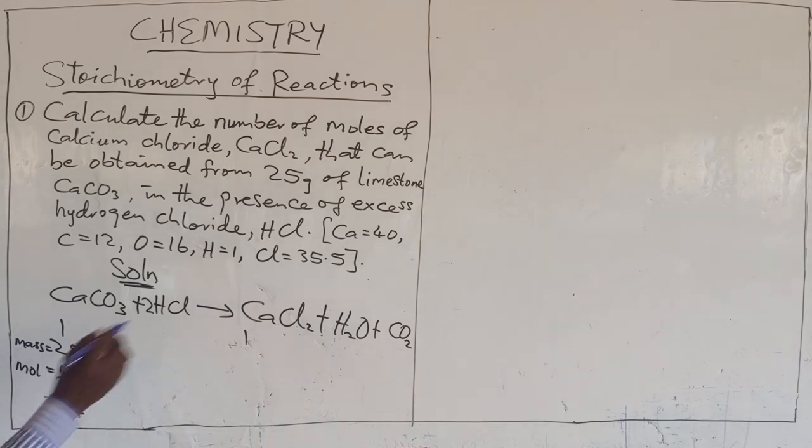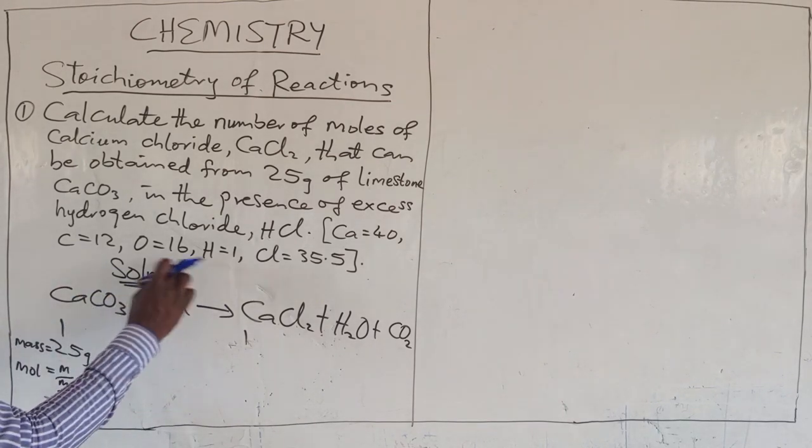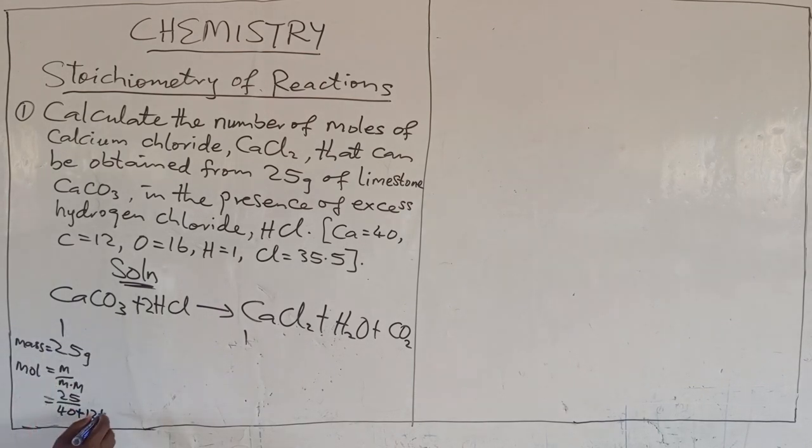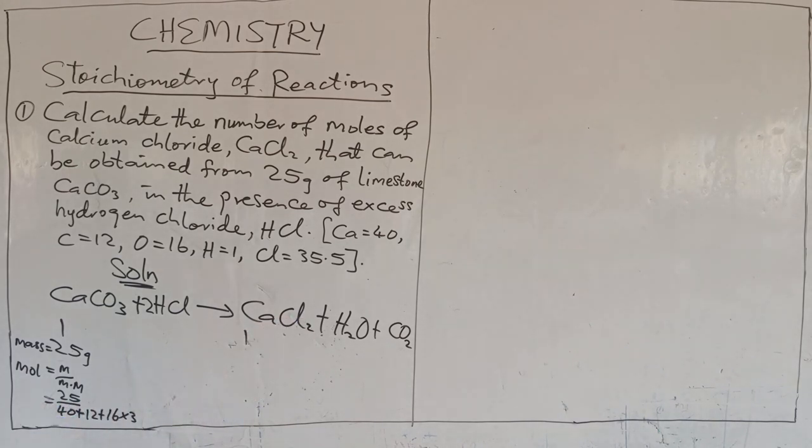Carbon is what there? Check, you see 12. Plus in the formula, oxygen is 16 times how many? 3. 16 times 3 is equal to 48, plus 12, plus 40. So the whole of this place is 100.